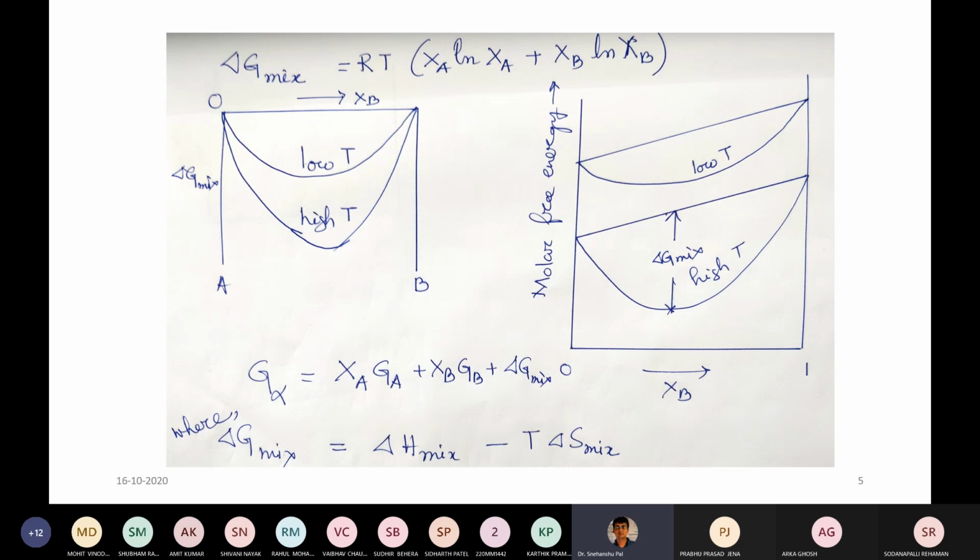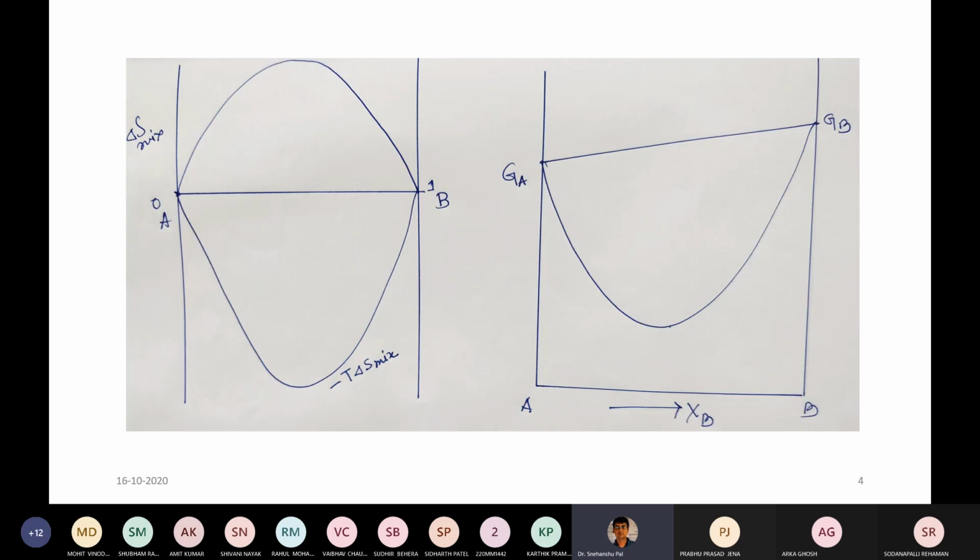So what will del G mix be now? It is equal to RT (Xa ln Xa plus Xb ln Xb). You can now see that Xa and Xb are less than unity, so del S mix should be positive, because there is an increase in entropy of mixing. If you check the previous slide, del S mix is always positive.